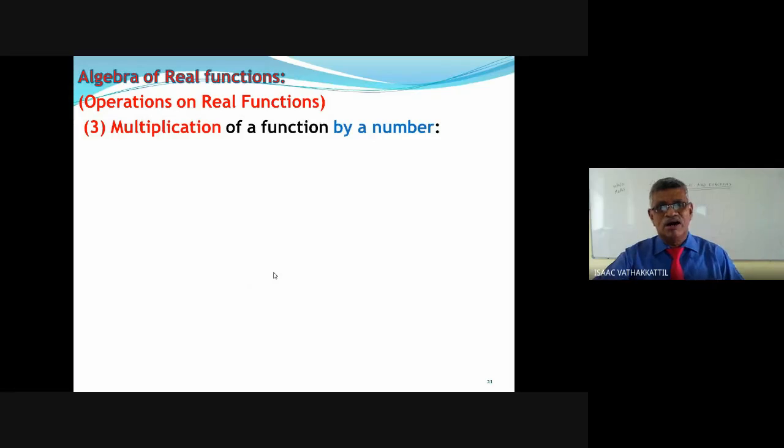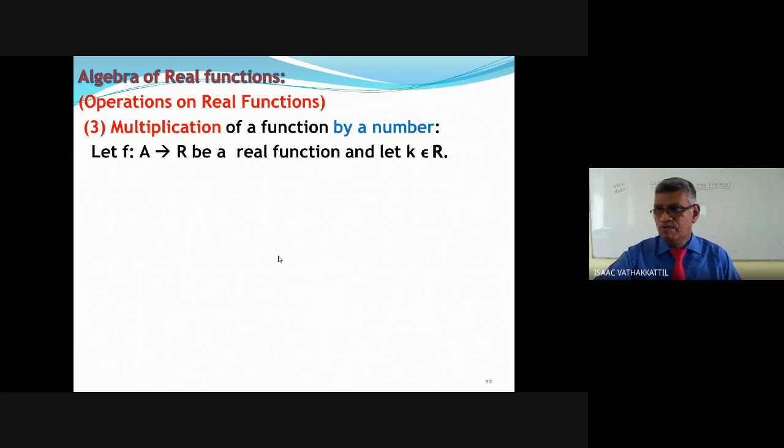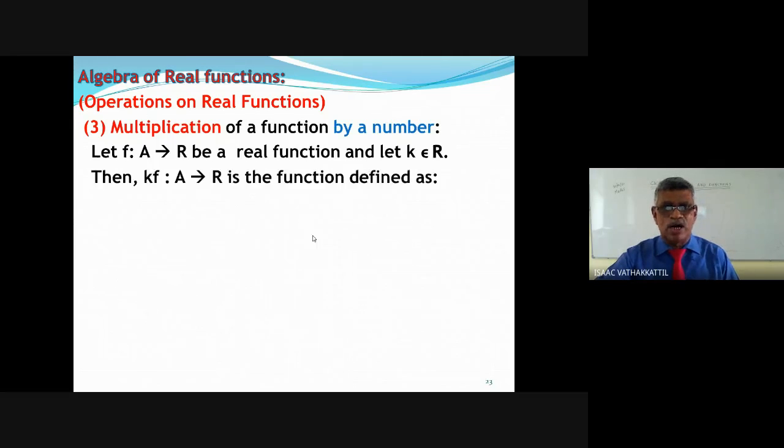Now multiplication of a function by a number, by a constant. It is not a product. We can call this multiplication of a function by a number. Let f from A to R be a real function and let k belong to R. Then kf is a function from A to R. The domain of kf is again A. There is no change in the domain.